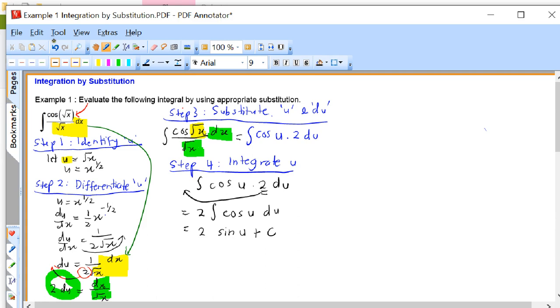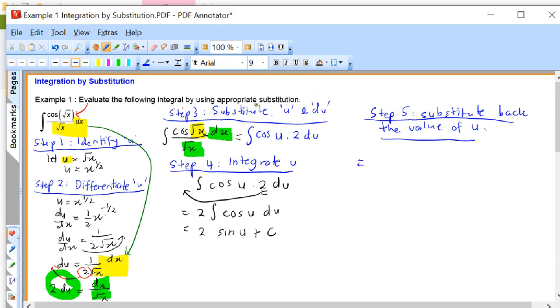And the last one is step number 5. Step number 5 is we substitute back the value of u, the value of u that you set in the earlier step.